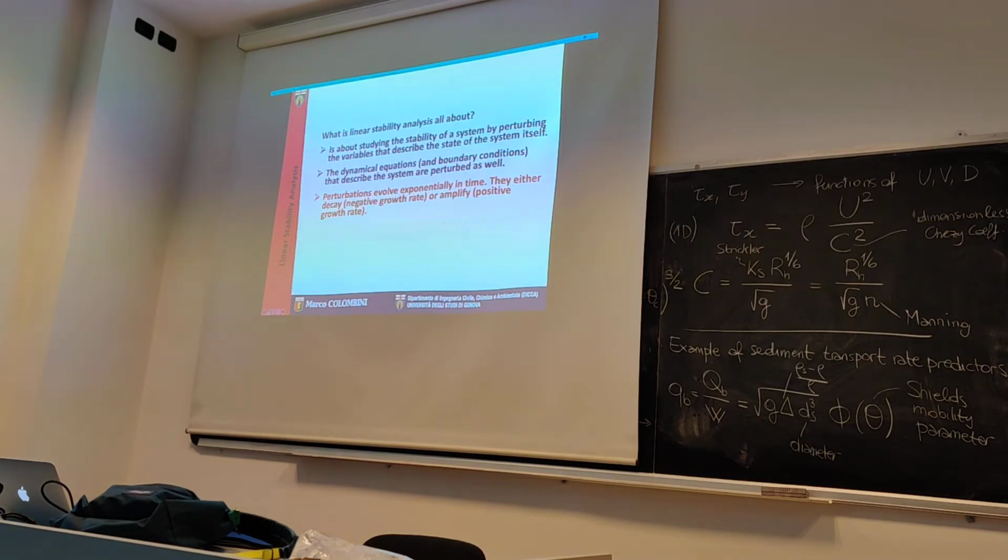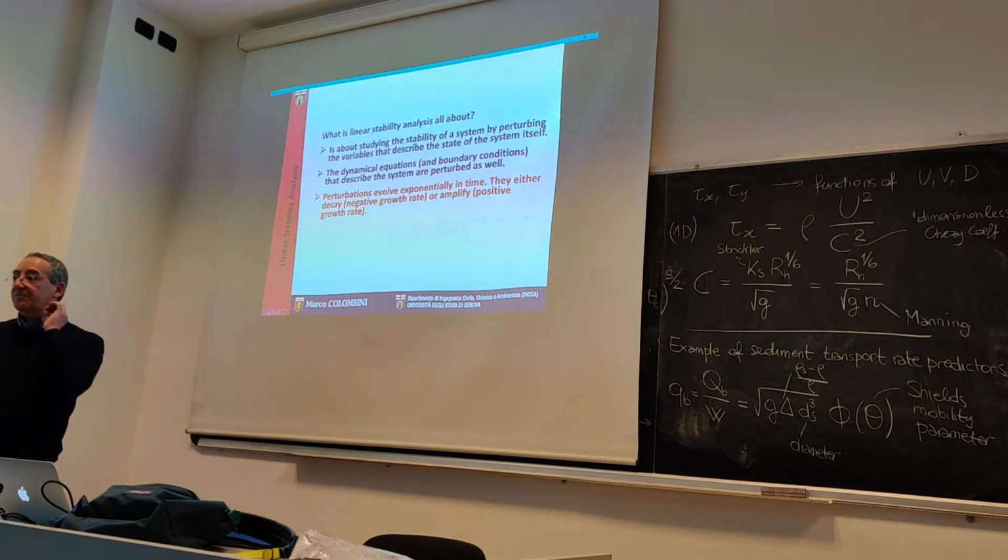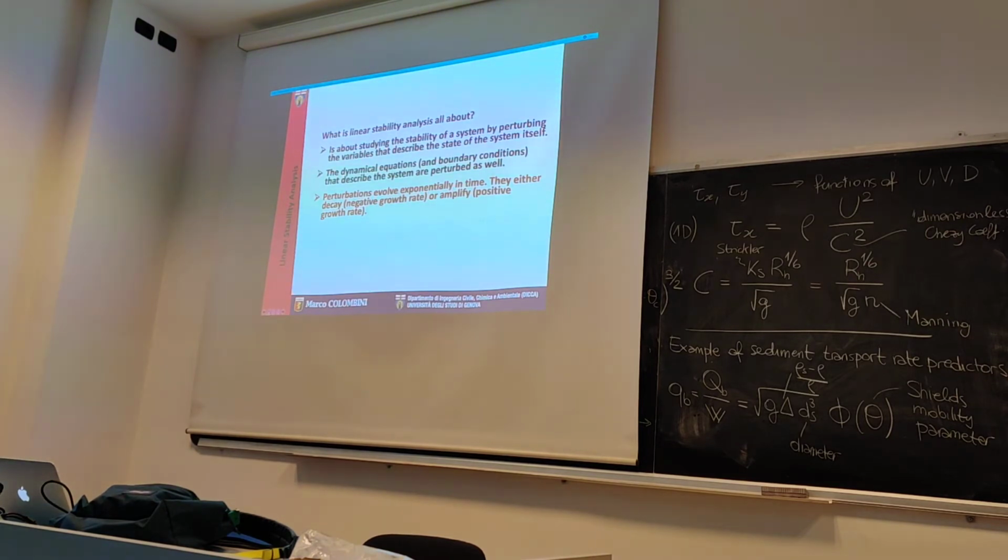With linear stability analysis, you don't have any information at all on the amplitude, or on what happens in time. You just know if the system is unstable or stable with those specific values of the parameters that you feed your analysis. Which is not a big deal of information, but is important to know.